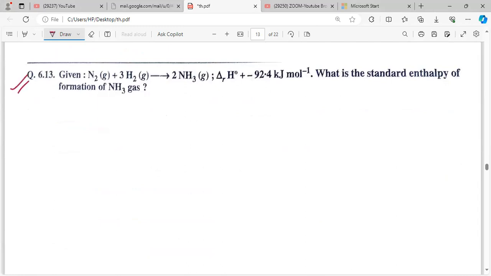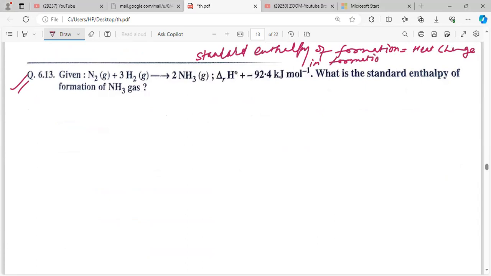6.13. Can you do? Standard enthalpy of formation is per mole. Standard enthalpy of formation is the heat change in the formation of 1 mole of product.